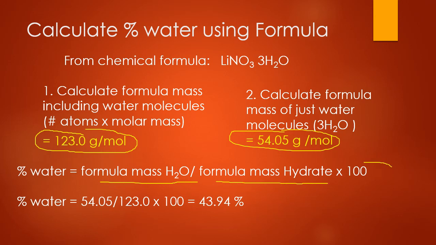Don't forget to multiply it by 100 to get it in a percent. So when we actually plug those numbers in, you can see that the percent we get for this particular compound, lithium nitrate trihydrate, is 43.94%.